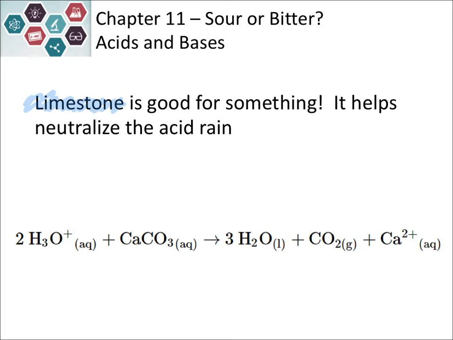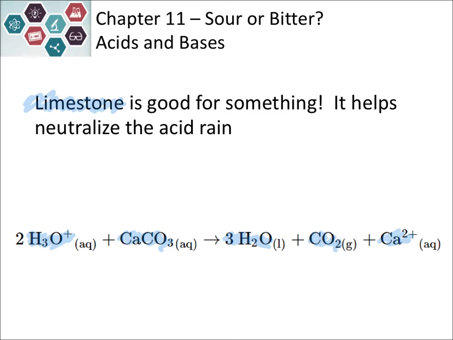Here we're going to represent acid rain with just hydronium, just a kind of generic acid. Calcium carbonate is our limestone. If those two mix, this is the neutralization reaction again, but it's with a weak base, we do get the water, we get our calcium ions, and we also make CO2. So this does do some neutralizing.